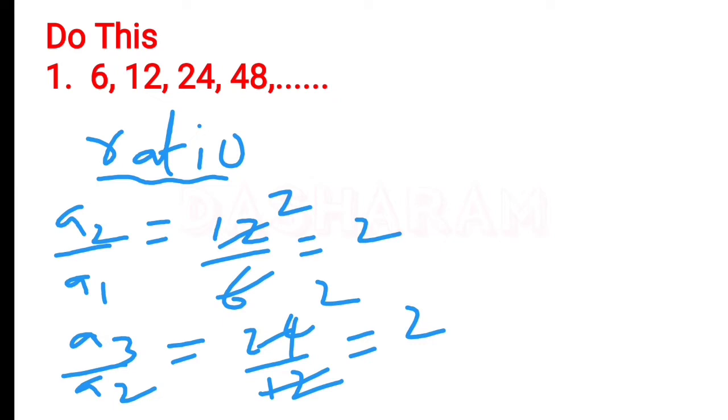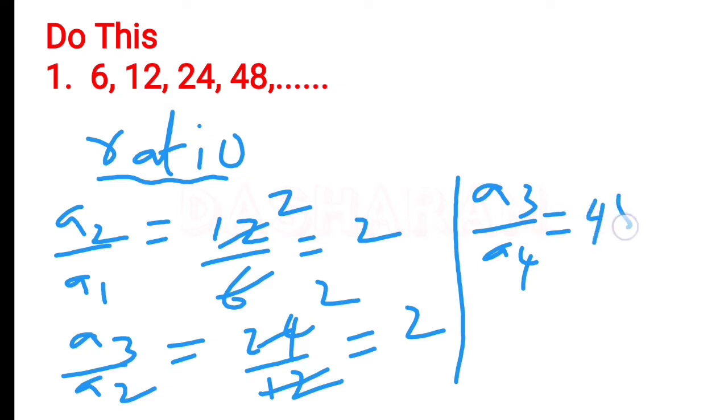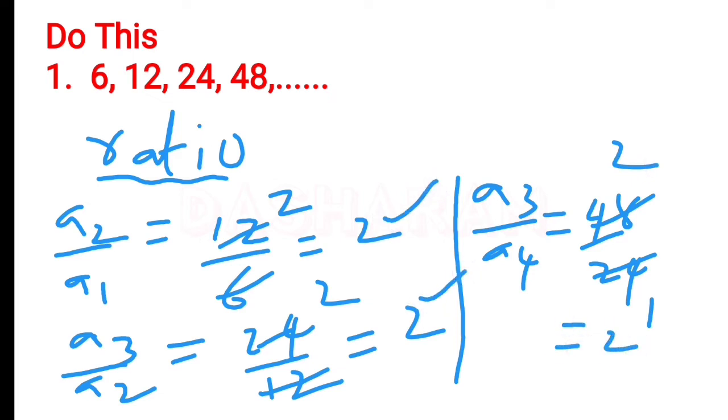Next, third ratio, a4 by a3: a4 value is 48, a3 value is 24. 24 ones are 24, 24 twos are 48, it is 2. In the three cases we got the same answer. So that means the given list of numbers forms a GP.